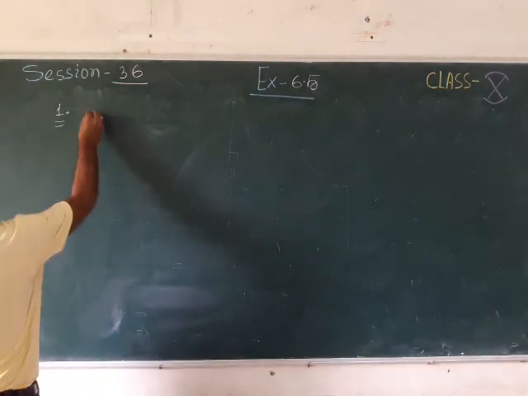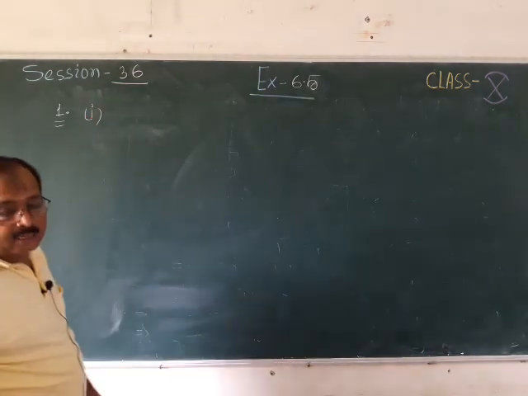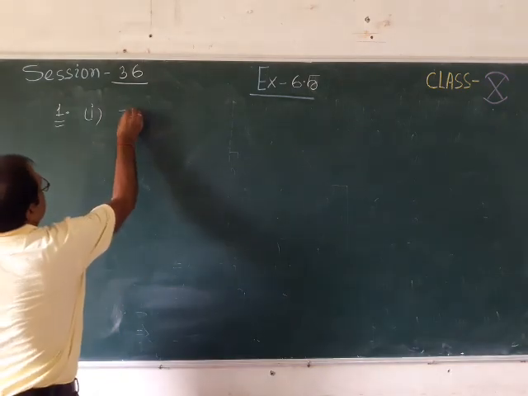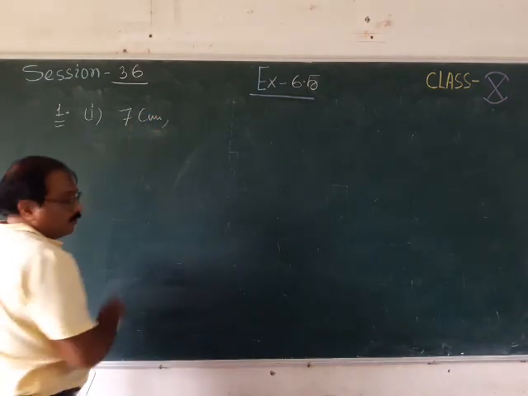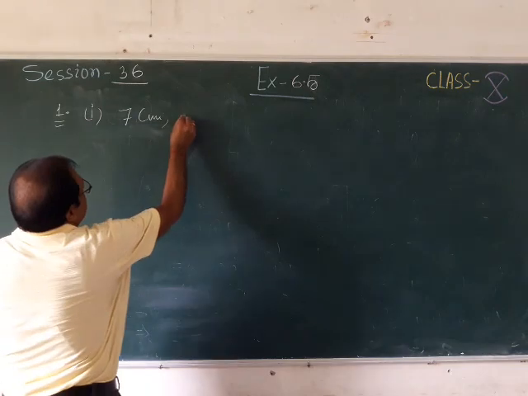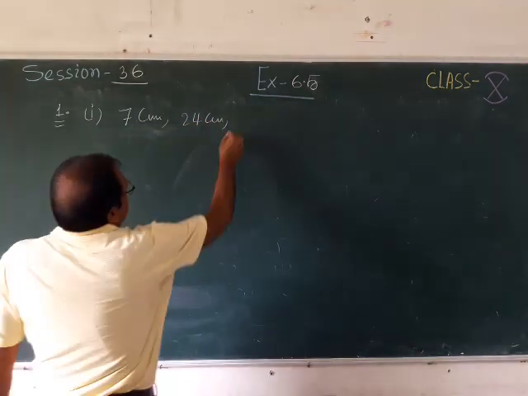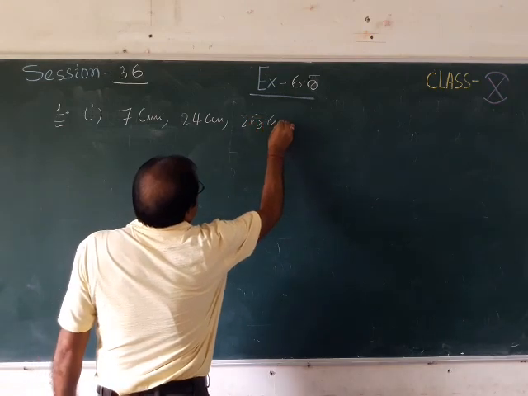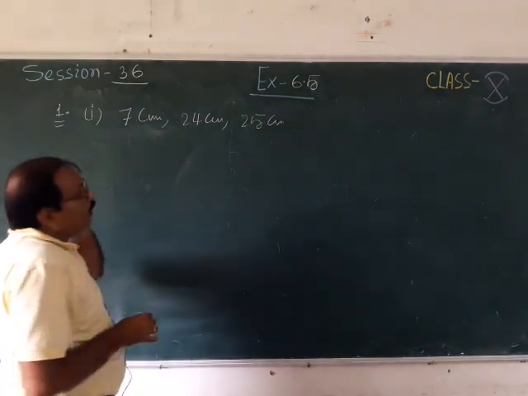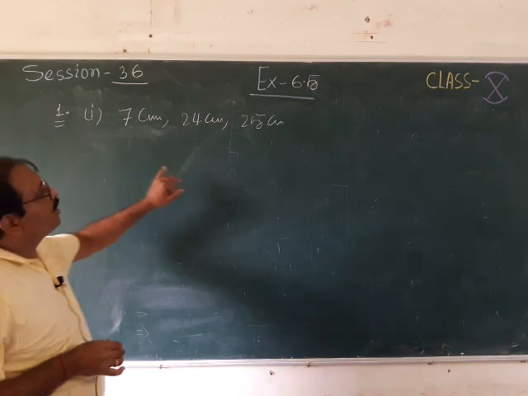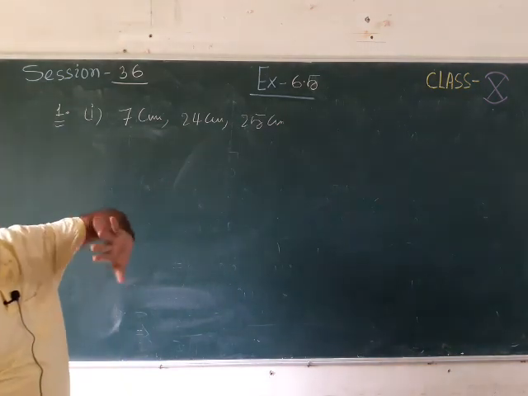How to check? Question number 1, the measures are written as 7 centimeter for the first side, then the second side is 24 centimeter and your third side is 25 centimeter. If you guess, you can easily say that 25 may be the hypotenuse.